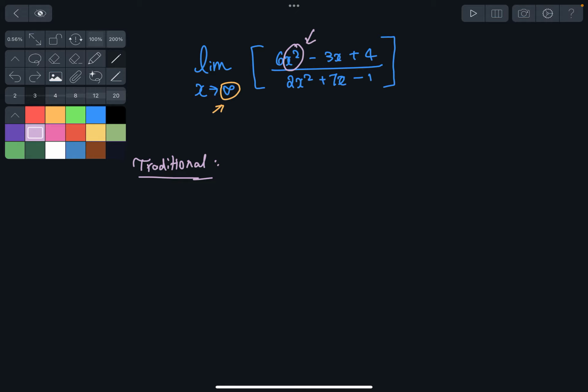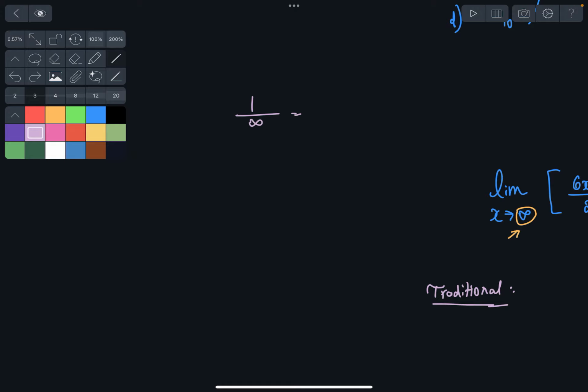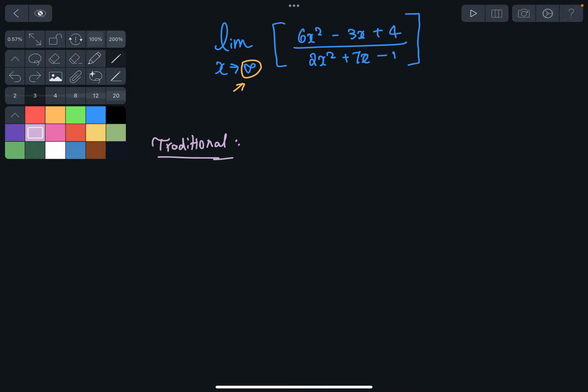You see there's x squared here, right? You want to divide every single term by x squared, and in the end you will be able to get your limit by leveraging this concept: 1 over anything big is equal to 0. That's what mathematicians agree with.